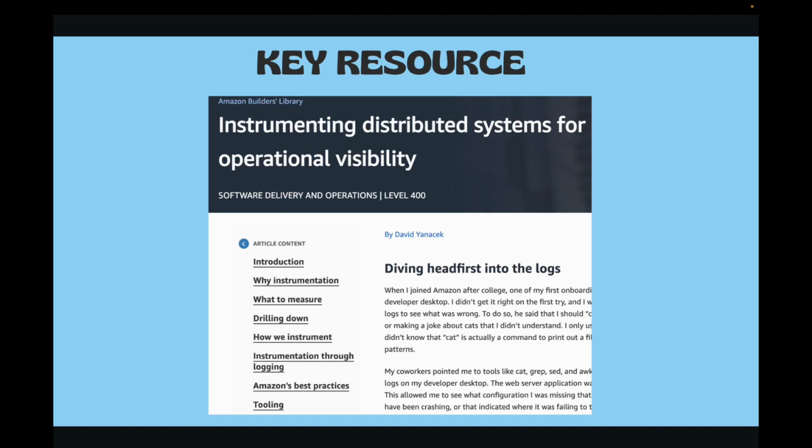If you are not aware of what the Amazon Builders Library is, it's really how they build and operate Amazon. They document everything, and this is one guide in that library. So I strongly recommend you go ahead and read it, so you understand why you should instrument, what you should measure, and a lot more.